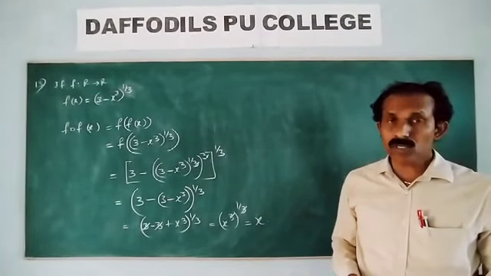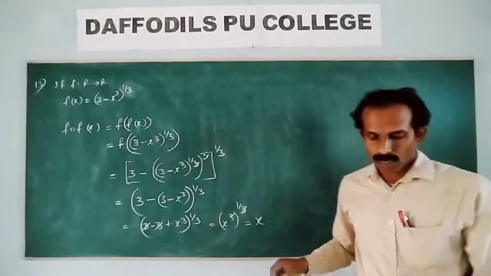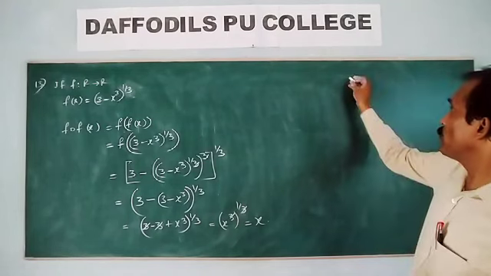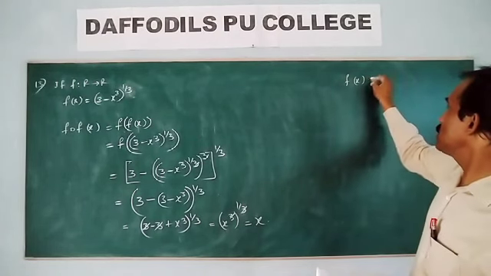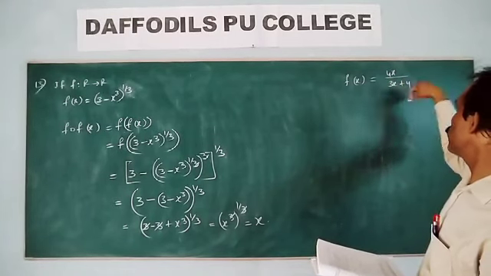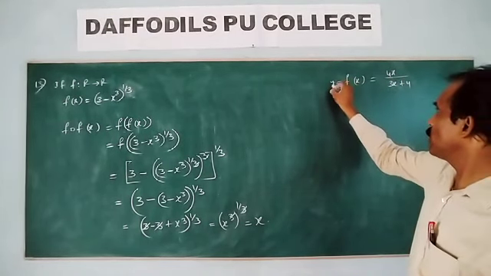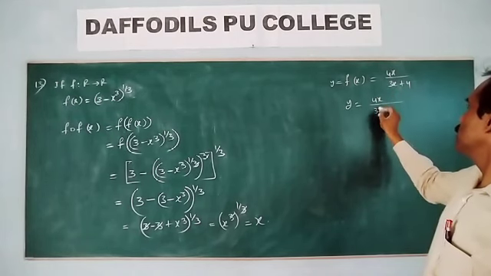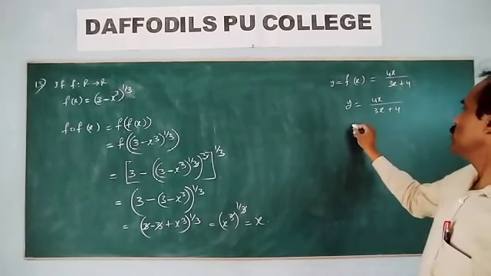14th question, that is also given as a multiple choice question. They ask for the inverse. How to find it: f of x is equal to 4x by 3x plus 4. Consider y is equal to 4x by 3x plus 4.